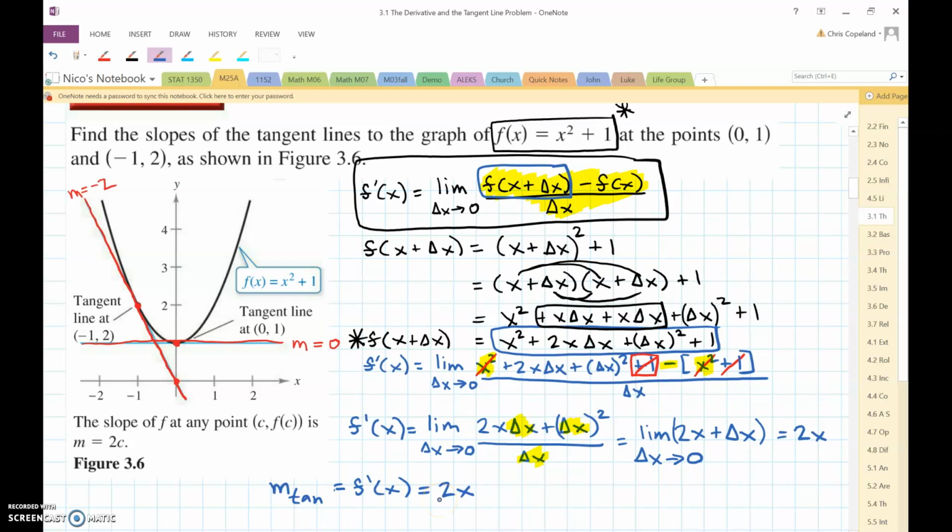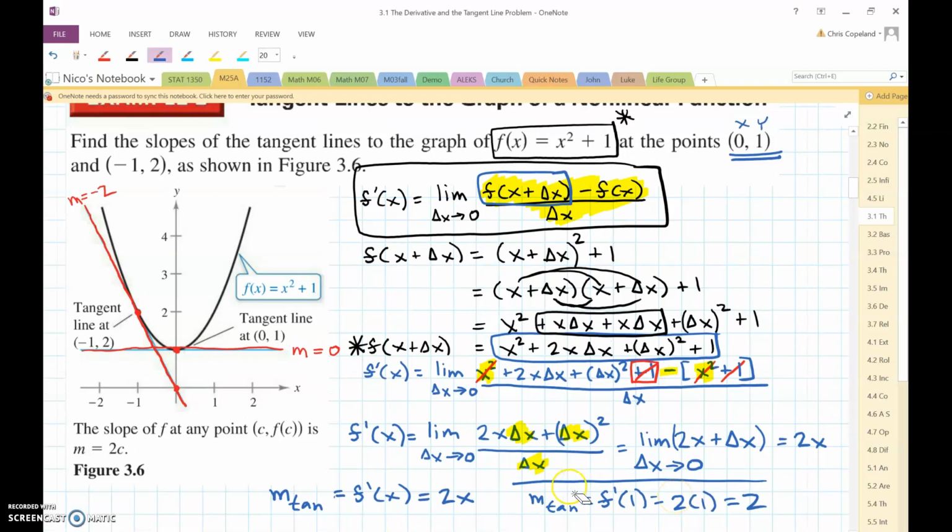Now the only other things that they want us to do here, they want us to figure out the slope of the tangent line at the point 0, 1. So this is x, this is 1, so let's do that first. So the slope of the tangent line of f prime when x is 1 would be equal to 2 times 1, which would be 2. I messed up somewhere. That should not be.